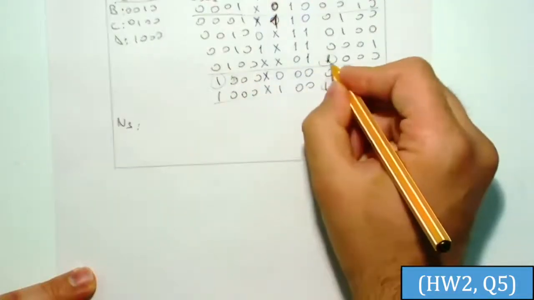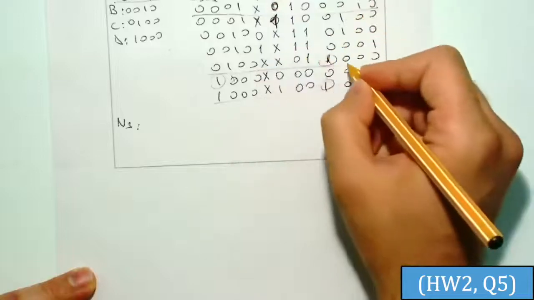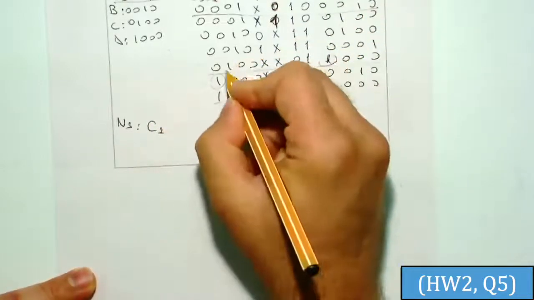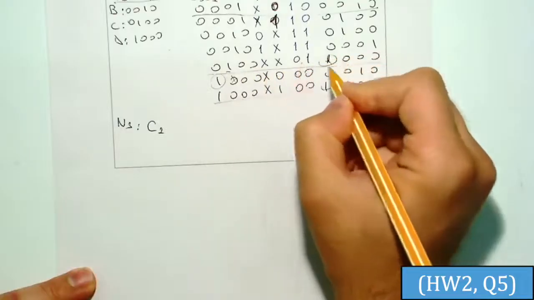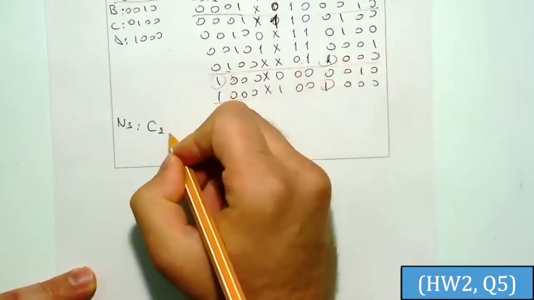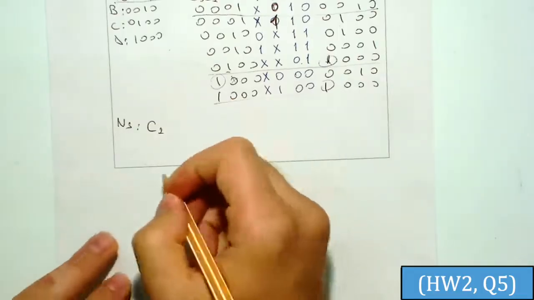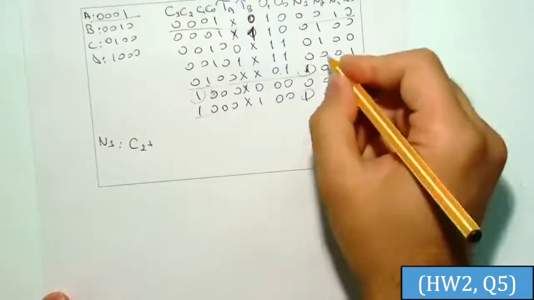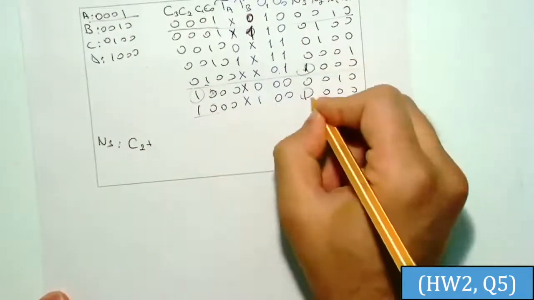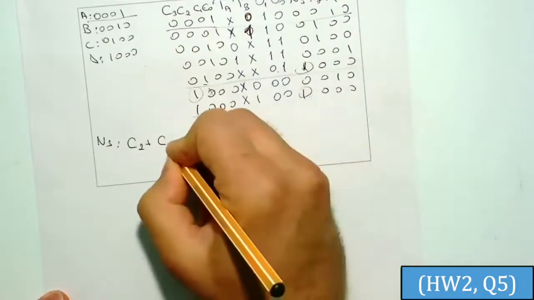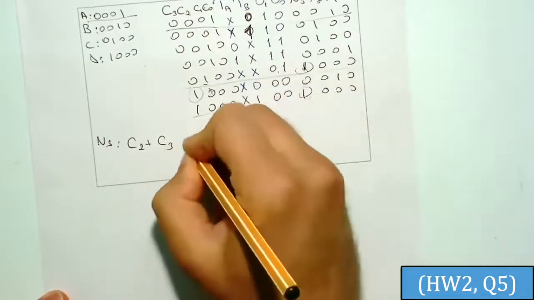So when the entry is 1, this means that C2 is 1, and that's it, I guess. Let me do a sanity check here. All right, and the second one is when N3 is 1 and C3 and also TB.